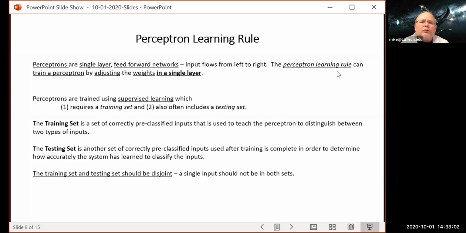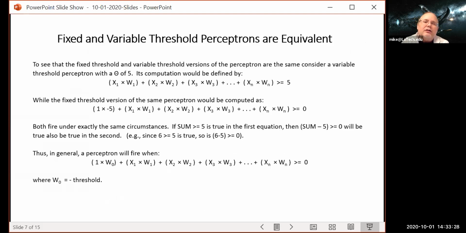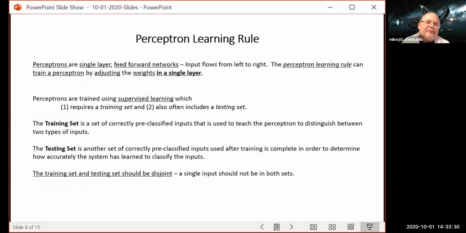The perceptron learning rule can train a perceptron by adjusting the weights in a single layer. The perceptron learning rule is going to adjust all of these weights in order to make the perceptron learn. Okay, now, how are you going to learn? Well, you're going to learn just like you teach a little kid.